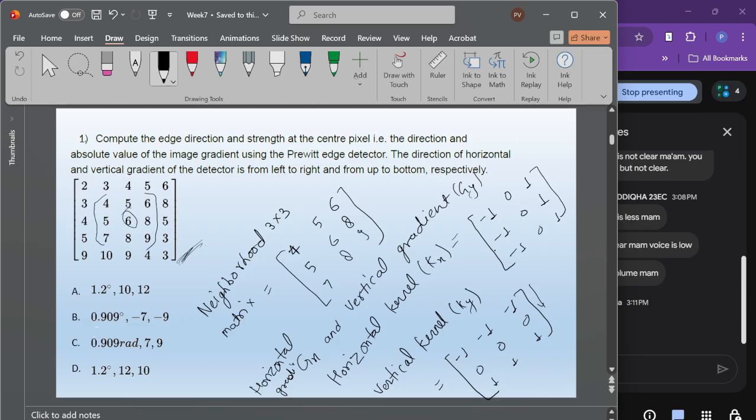So how can we multiply this? To get the horizontal gradient we multiply this one with this one, and to find the vertical gradient, this one with this one. I'm taking one more slide to perform this.